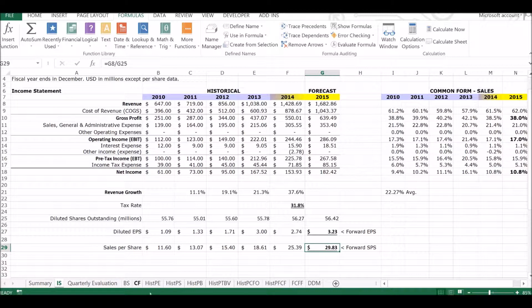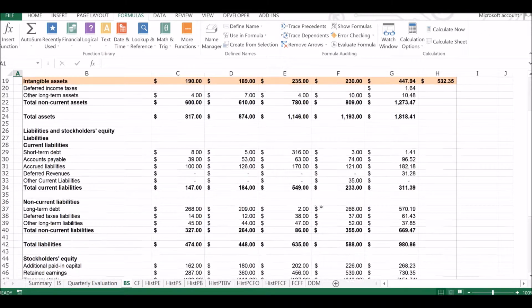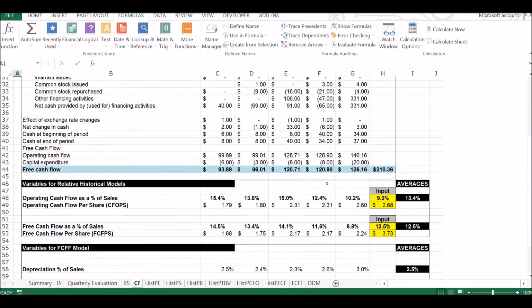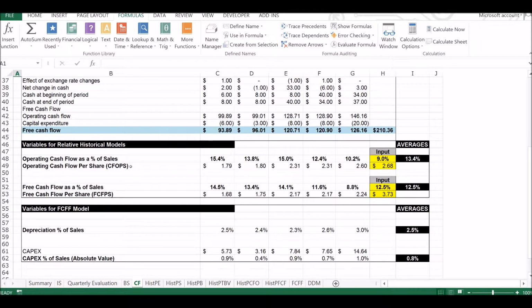So here's your forward SPS. And this is ultimately why you forecasted things in your balance sheet for the book value per share, as well as the tangible book value per share for the coming year. Same thing with the cash flow statement. It's the whole reason that you forecasted the operating cash flow for the coming year, as well as the free cash flow.